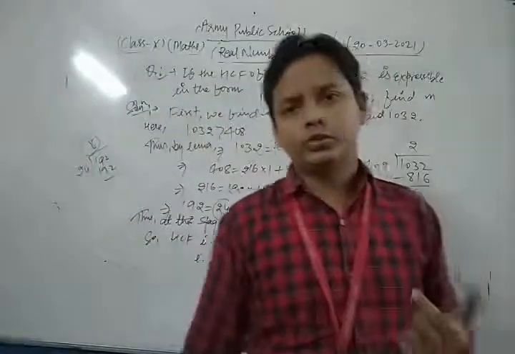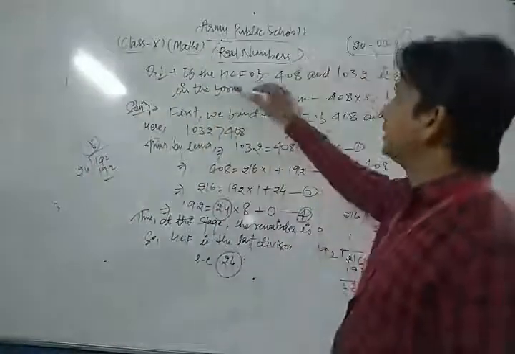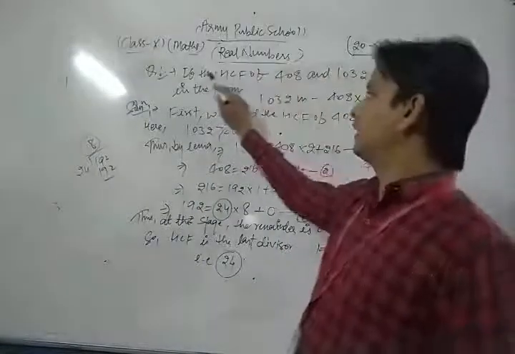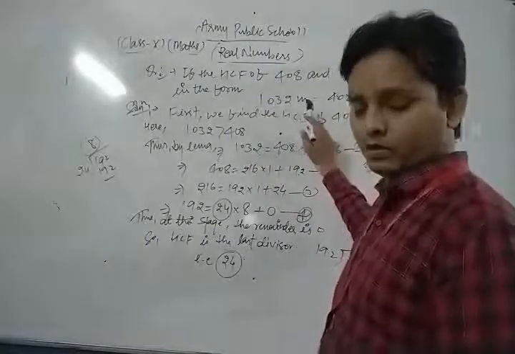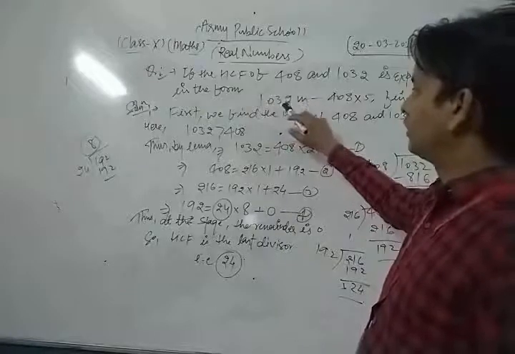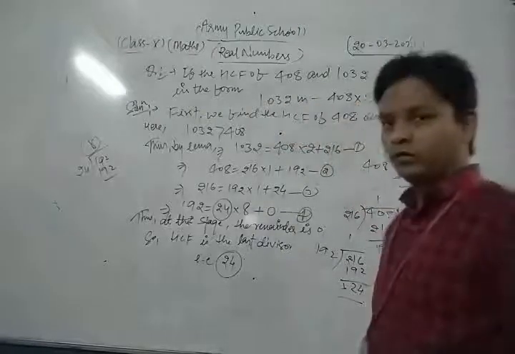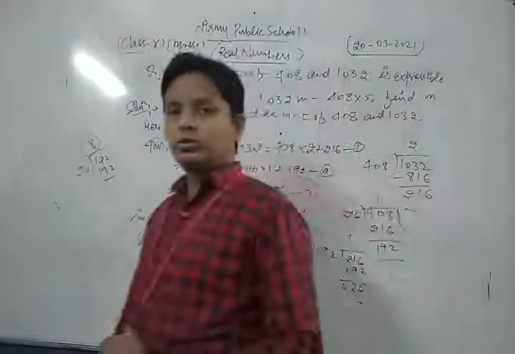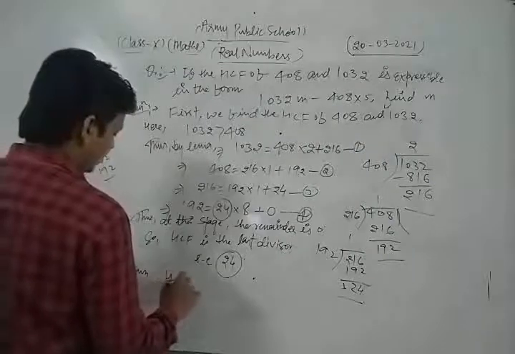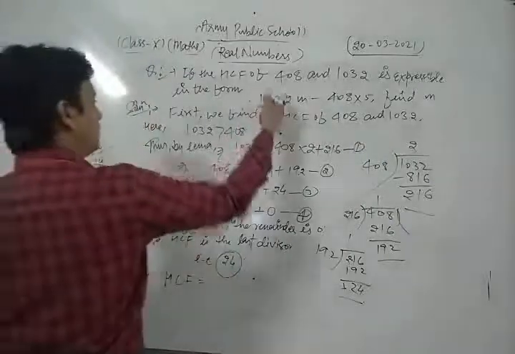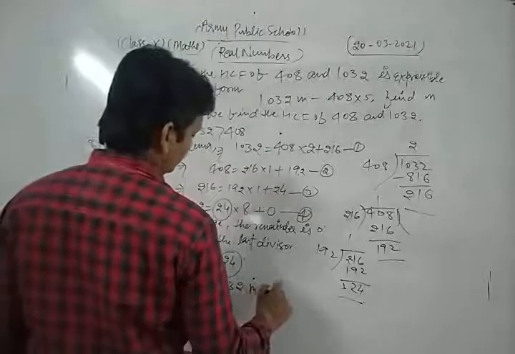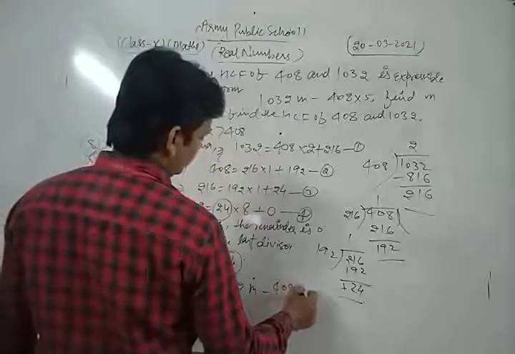Now according to the question, the HCF of 408 and 1032 is expressible in the form of 1032 into m minus 408 into 5.